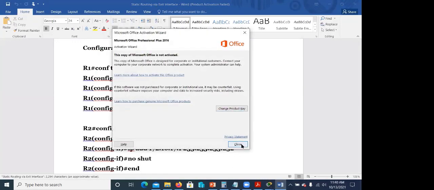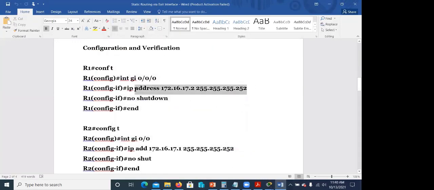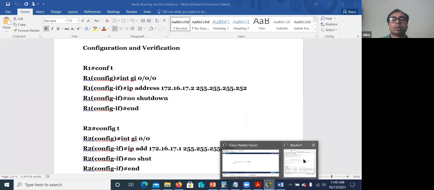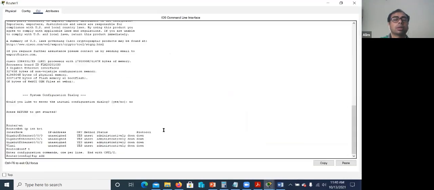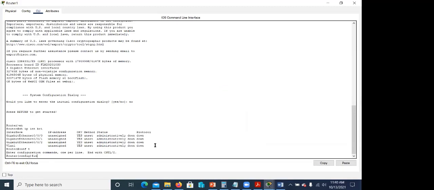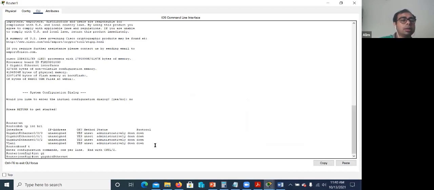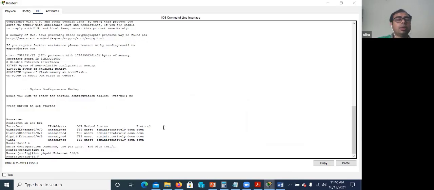Interface, yes, you are right. Type the interface, then tab, and you will get the name. We are assigning an IP address to GigabitEthernet 0/0, which is connected to the ISP.